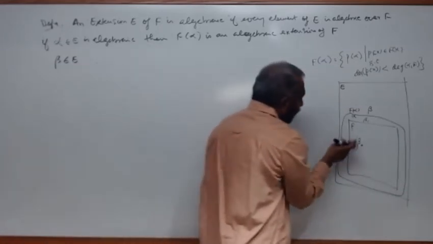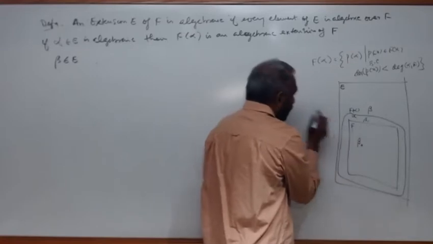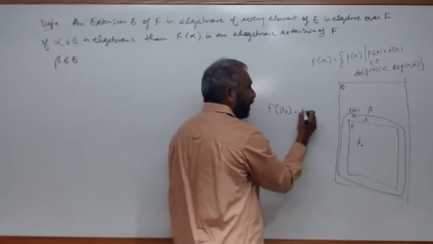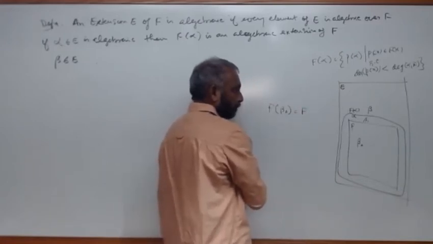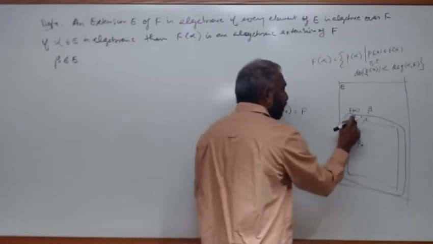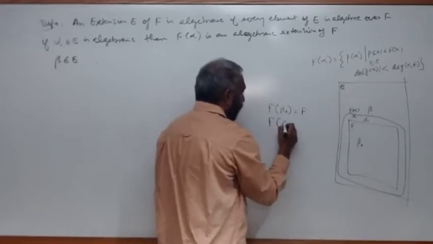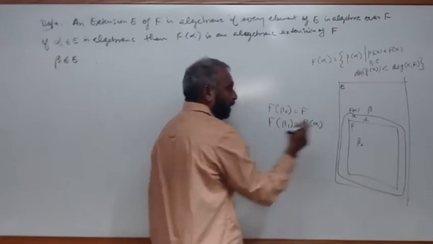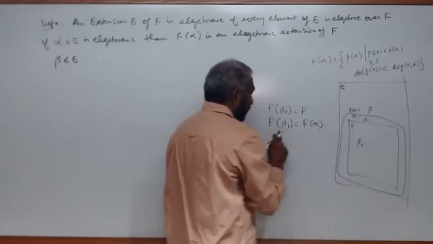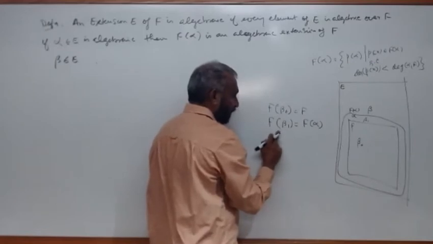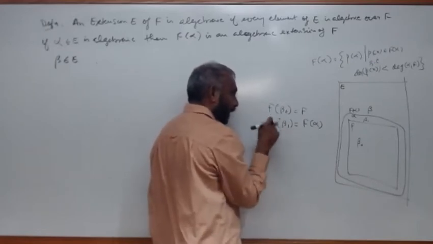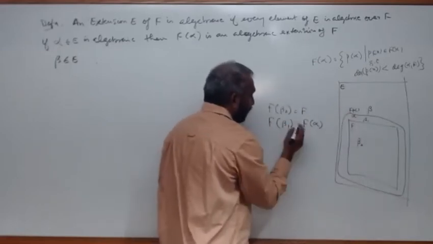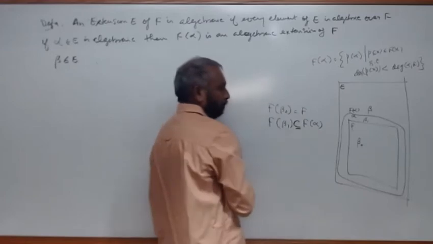If it is inside F, then the simple extension F(beta 0) is the same as F. If it's inside F(alpha), F(beta 1) is contained in F(alpha), because the definition of simple extension is the smallest extension containing it.